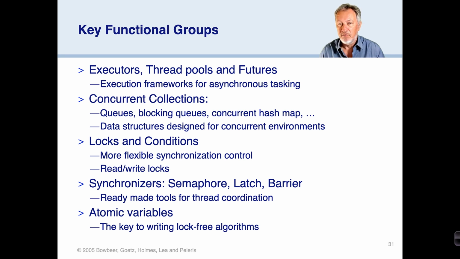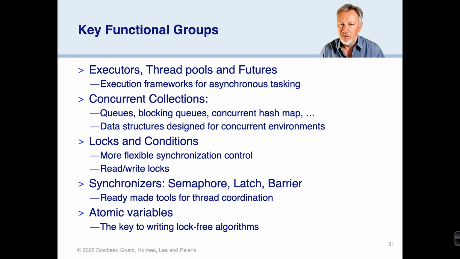So you can specify, for example, that you would like a pool of a certain number of threads, and then when you have a task to be performed, it's passed to this pool of threads. Essentially, your requests will be queued up, and as soon as a thread is available from that pool, it will get executed.